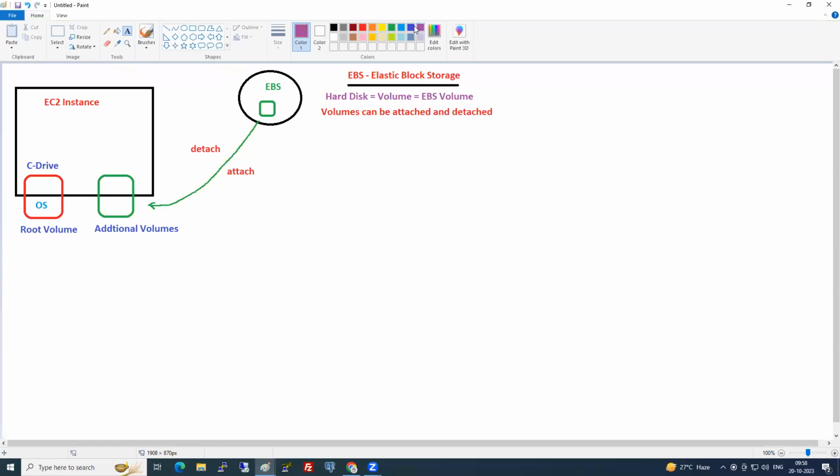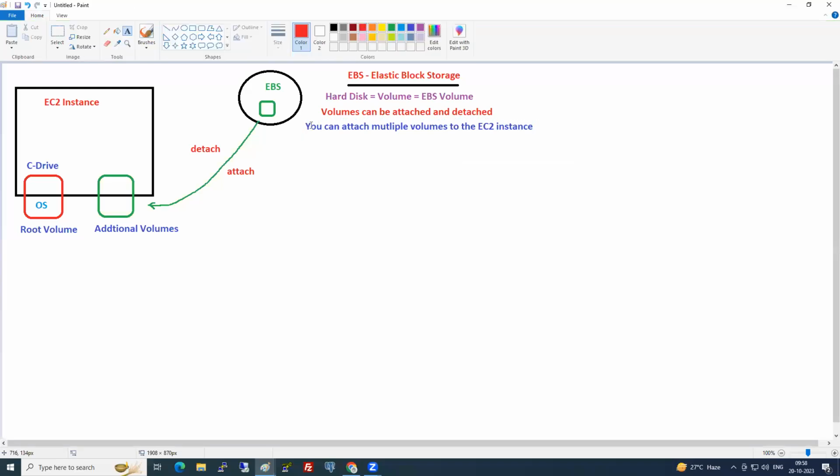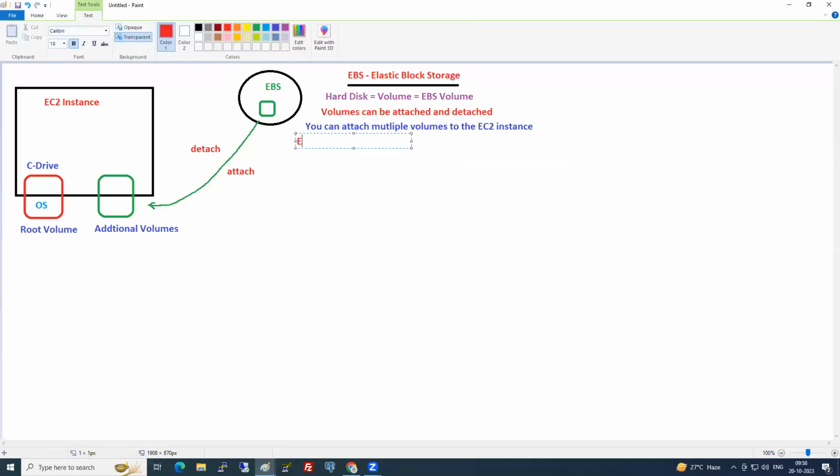Now, can you attach multiple volumes to the EC2 instance? Super. I'll make you answer all these things. You can attach multiple volumes to the EC2 instance. EC2 instance has a default volume. What is that volume?